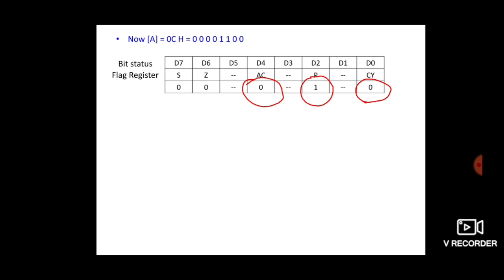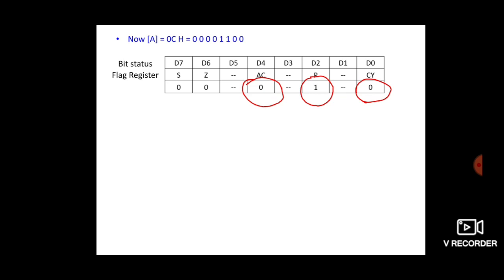Zero flag is reset means that after performing an arithmetic or logical operation, if the accumulator result is non-zero, at that time the zero flag is reset, otherwise it is set.